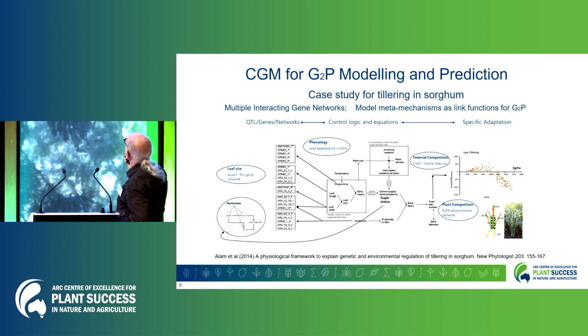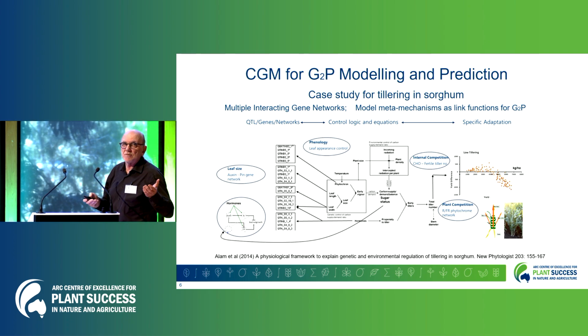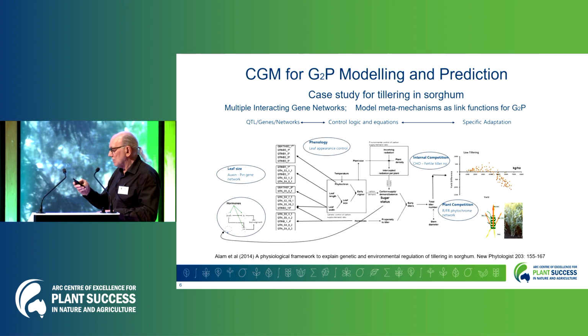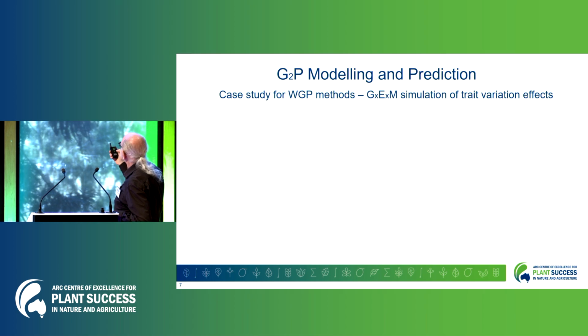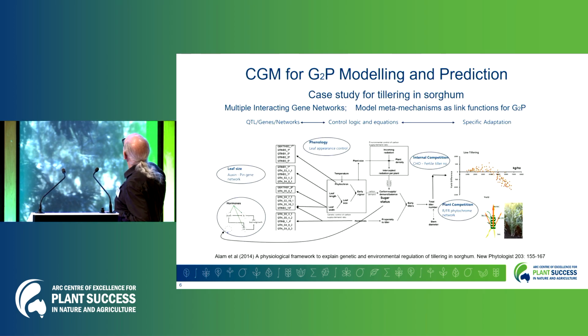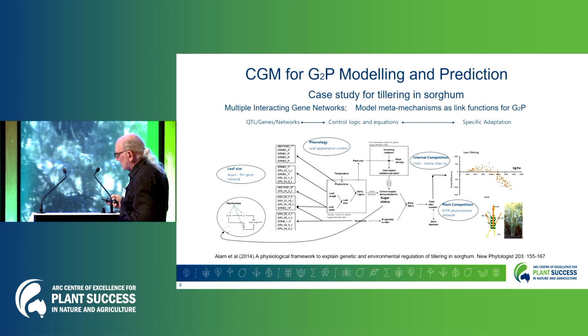And in the end, you can do a simulation which shows, if we have a normal tillering type, and each of these dots is a 1-year simulation, comparing that with a low tillering type and the yield difference. And the model just generates this G by E. So you've got a yield advantage from low tillering in these low yielding years below 4 tonnes, and a yield disadvantage at the other end.